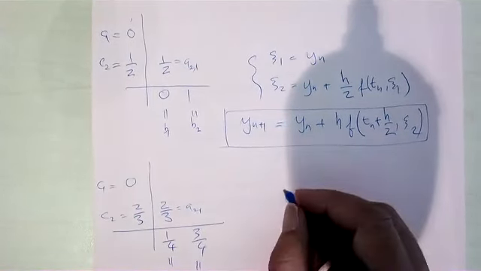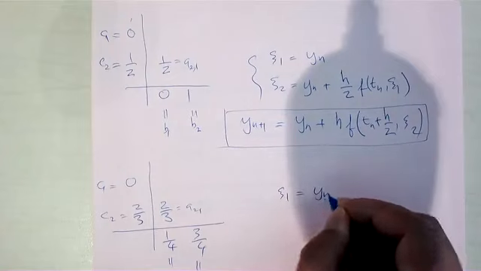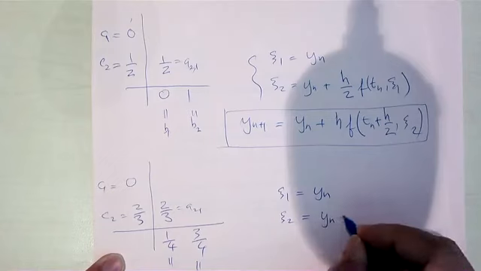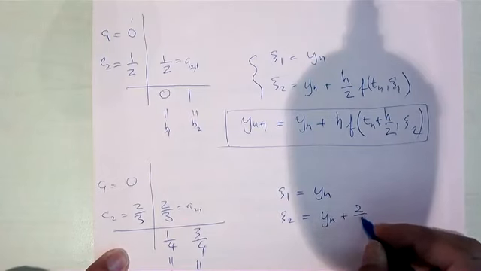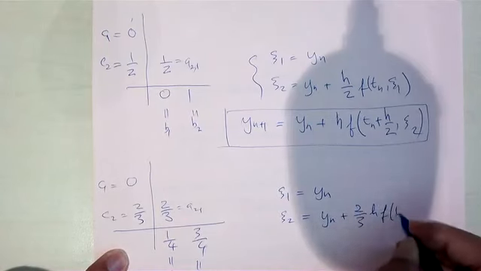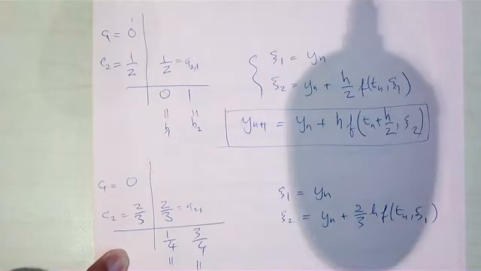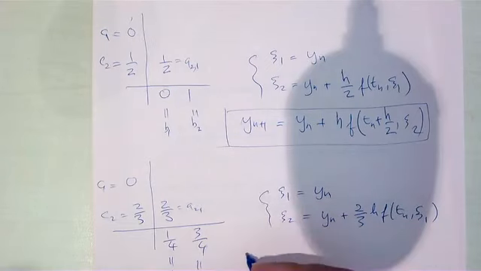And I just have Xi1 equal Yn, and Xi2 will be equal Yn plus 2/3 H F Dn Xi1, yeah? Remember the general formula? General formula is here, okay? And then after that, you just have Yn plus 1 equal Yn plus, okay, so now I have B1 is non-zero, so I have to be careful, okay?